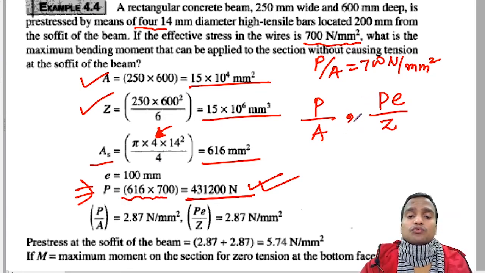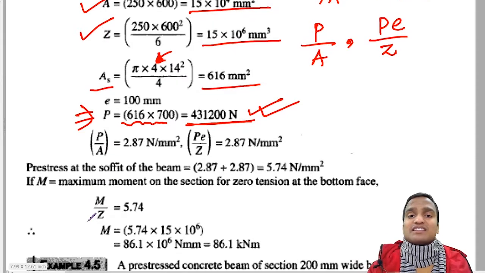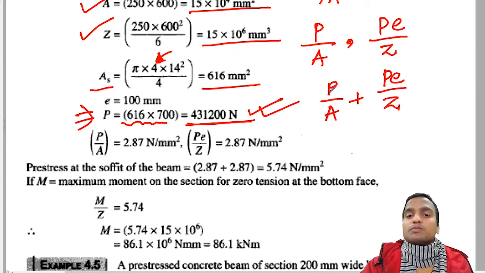So the total pre-stress at the soffit of the beam, because tension is generated from the external load only at the soffit. So what is the pre-stressing already done at the soffit of the beam? It will be equal to P by A plus PE by Z, because pre-stressing causes compression at the soffit.